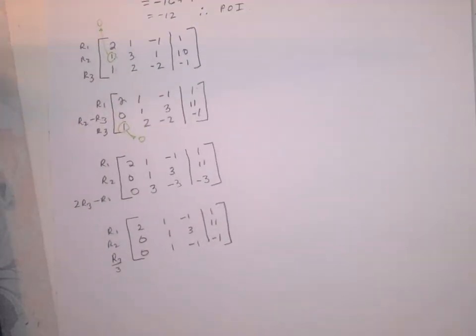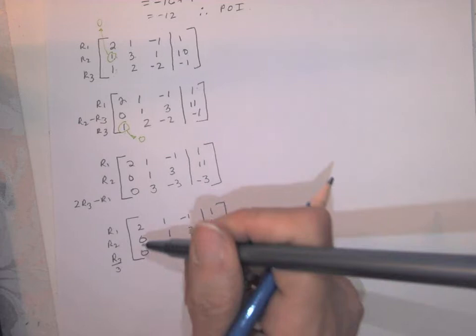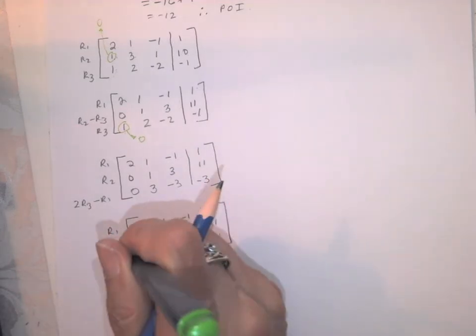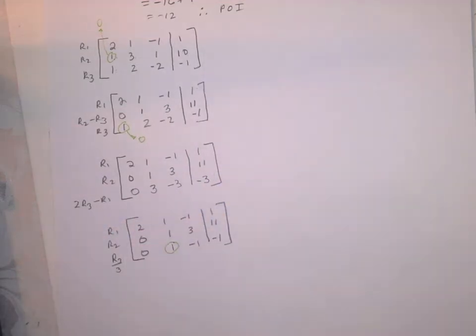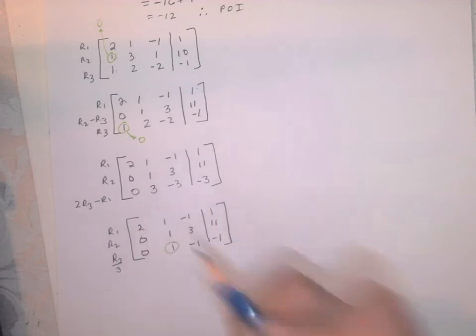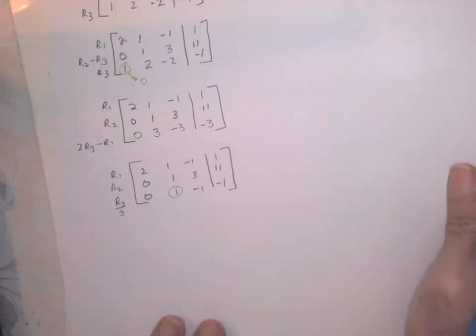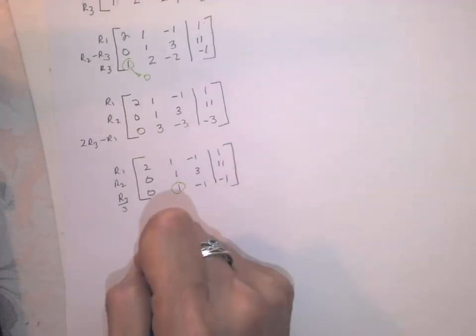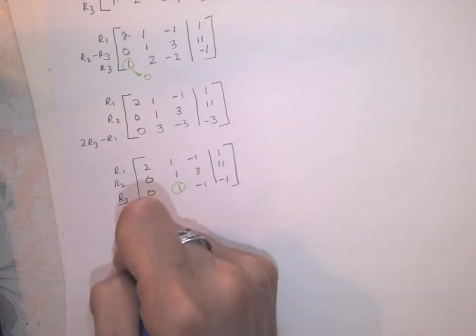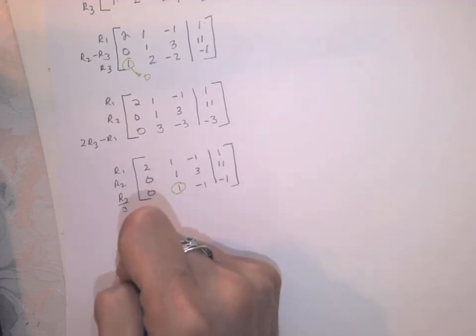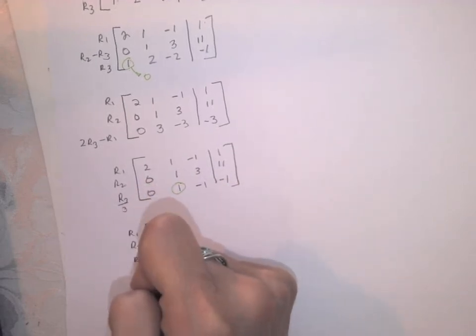And then we want to get a 0 here. And we can only use row 2 and row 3 because otherwise we would undo this 0 if we bring row 1 into it. So we've got row 1, row 2, and row 3.